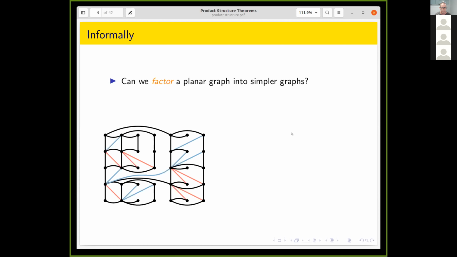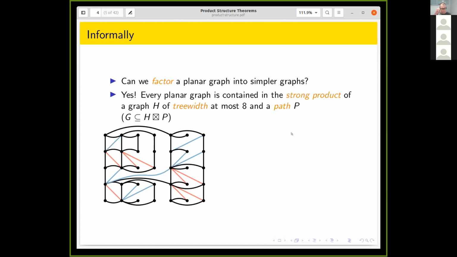So what does that mean? Well, I'll get really formal shortly, but the answer is yes. If you give me any planar graph, then I can factor it in the following sense, that I can give you a graph that has small tree width, H, and a path, and your planar graph is contained in the product of those two simple things.